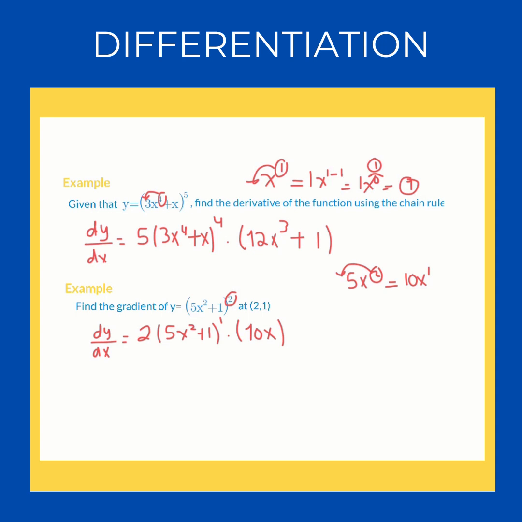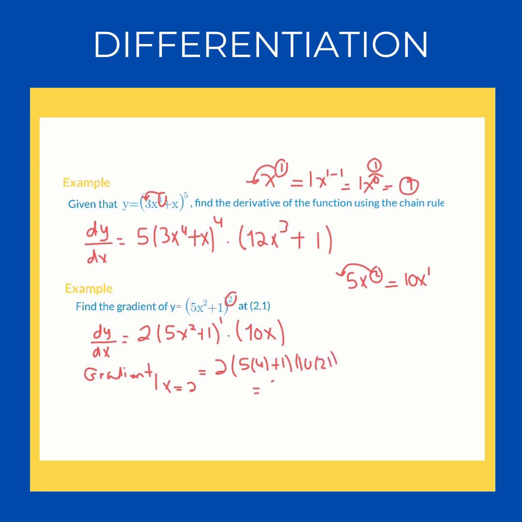Now the gradient at the point 2, 1, so I need to substitute x equals 2 into dy over dx. So it's 2 times 5x squared, so it's 5 times 2 squared, which is 4, plus 1, times 10 times 2.